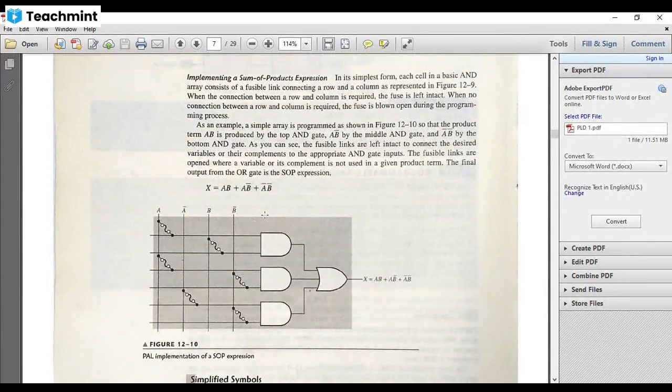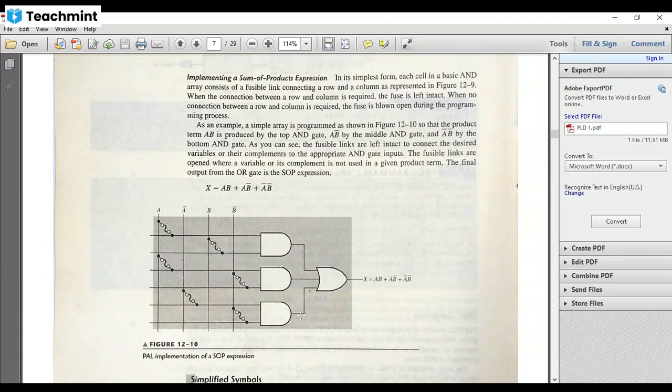So the sum of the product equation here is x equals A and B, or A and B bar, or A bar and B bar. How can we get this? See here. For the first line, we have to get AB. For the second line, we have to get AB bar.